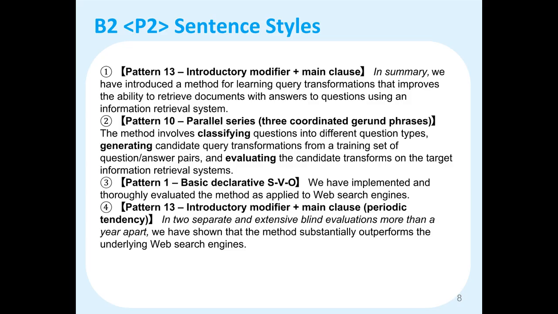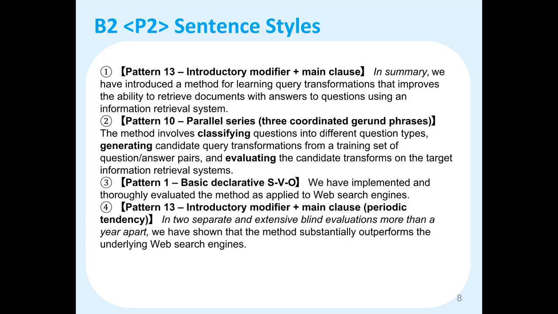This is an efficient way to start the final move. The most effective technique for efficiency is seen in sentence 2, which uses pattern 10, parallel series. By listing 3 gerund phrases, which include classifying, generating, and evaluating, as the objects of the verb "involves," the sentence summarizes the entire methodology section of the paper in a single, balanced, and grammatically strong unit.